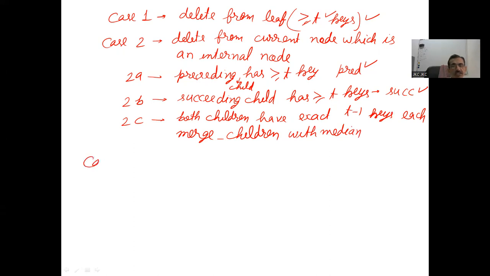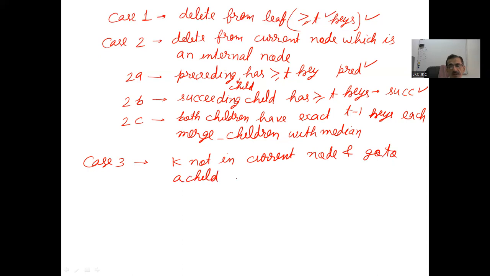Then comes case 3. Case 3 means the deletion value K is not in the current internal node, and we go to a child which has T minus 1 keys.